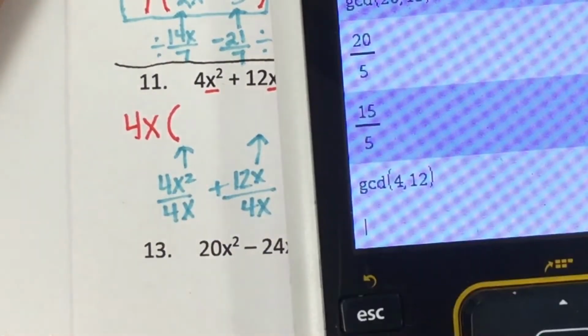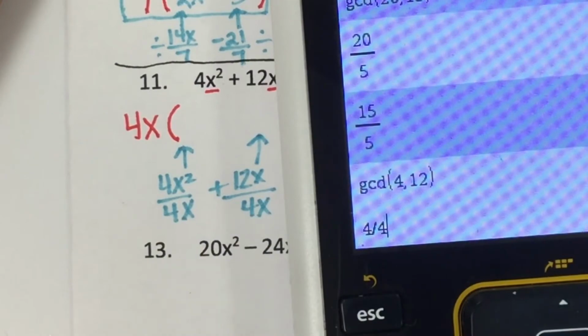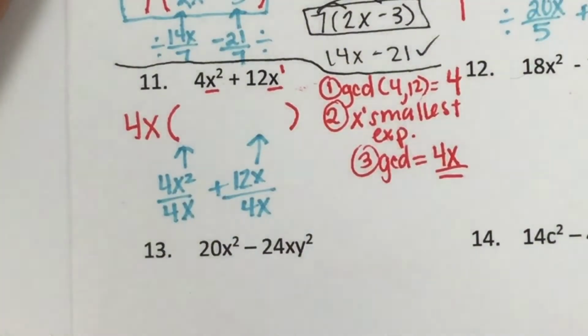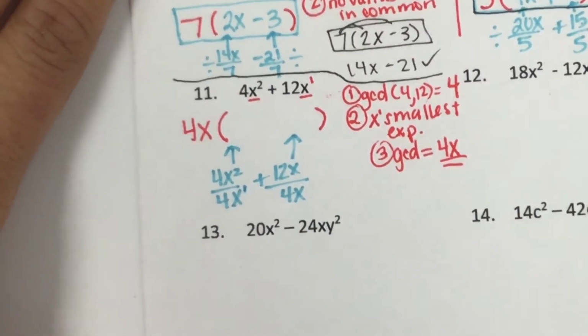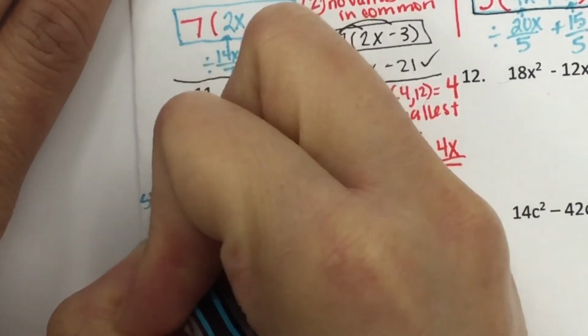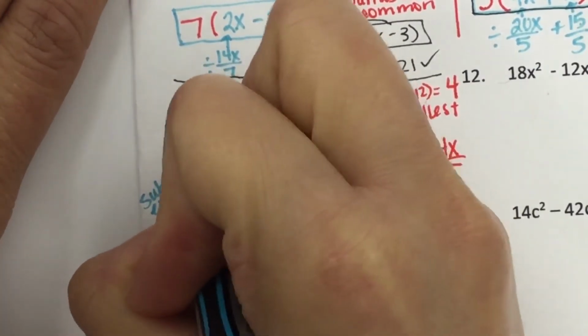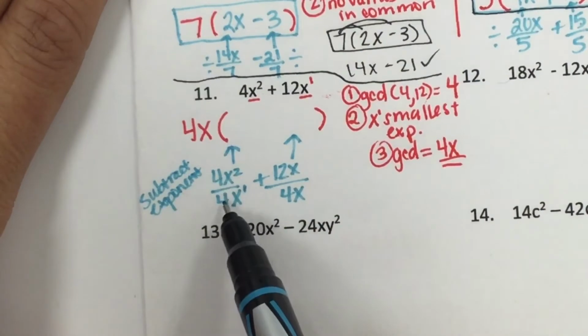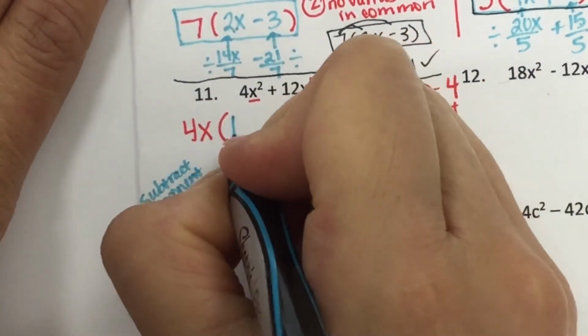So 4 divided by 4 is 1. Here, when you divide, you must subtract your exponents. So 4 divided by 4 is 1.